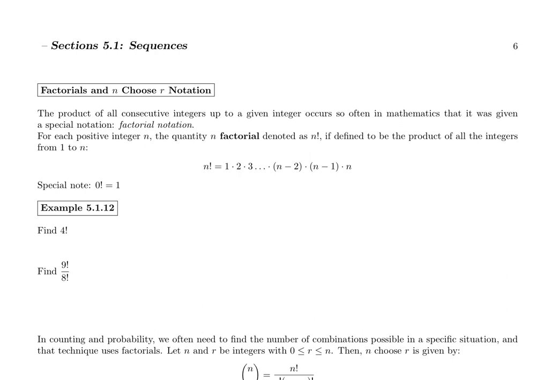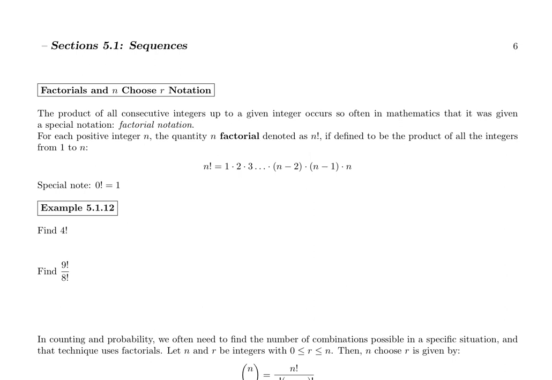If you've ever done a problem that asks you, there are 5 white balls and 4 green balls and 3 blue balls in this urn, reach in and pull one out. What is the probability that it's blue? That's an example of a combinatoric type question. And that might involve things like n choose r, which we're going to talk about at the bottom of the page, and factorials.